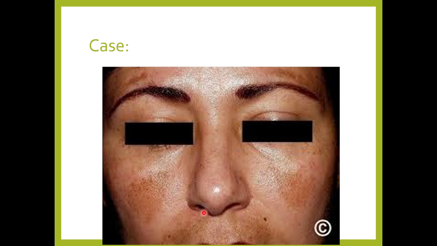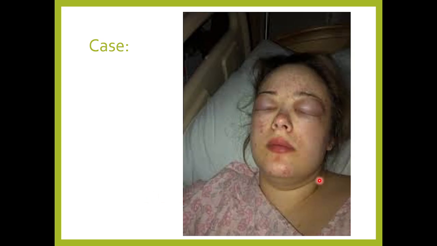Okay. This is what we mean by the chloasma. You see, this is the mask of pregnancy. Due to excessive melanin deposition in the face, there will be a brownish discoloration of the face. This is the chloasma or the melasma. And here, this is puffiness of the face.